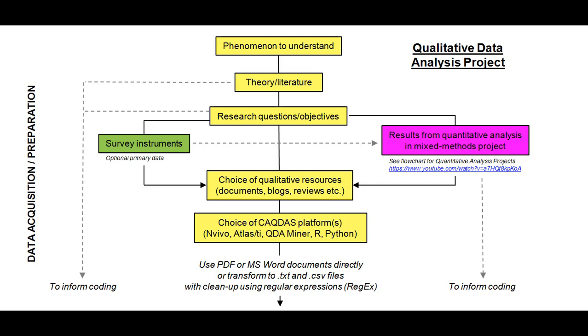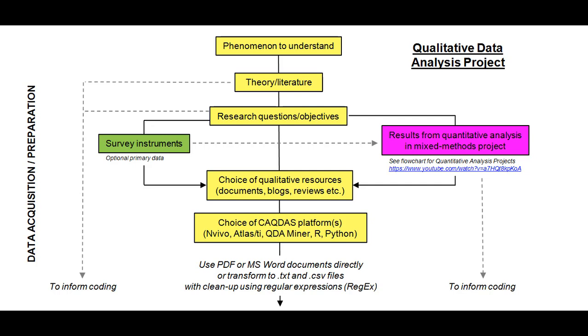NVivo, Atlas TI, QDA Miner are proprietary software suites, and a license will need to be acquired. Open source R and Python are free to download and use, though knowledge of scripting will be required. R and Python can also be used to scrape qualitative data from the web, and their ability to use APIs allow tweets and other social media data to be downloaded.